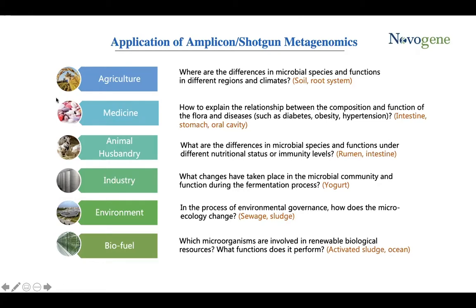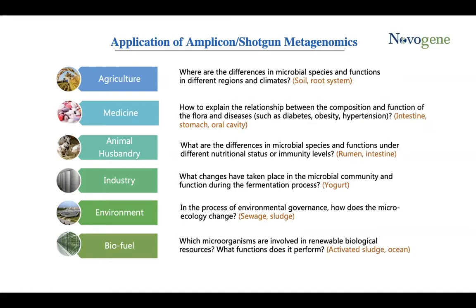So in agriculture, the Amplicon and shotgun metagenomics are often used in the study of microbial species and their functions in plant root systems or different regional soils. Well, in the medicine field, they are often used in explaining the relationship between the species composition and functions of different flora and diseases in both human gut or the human oral cavity.